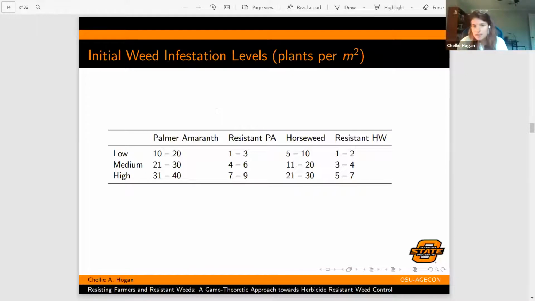A Palmer amaranth, then I had to initialize a resistant Palmer amaranth, so one that would not be susceptible to herbicide applications, a horseweed, and a resistant horseweed. So I got these levels from literature, and I worked with one of my committee members, Dr. Manucheri, to kind of get these delineations correct for this specific problem.